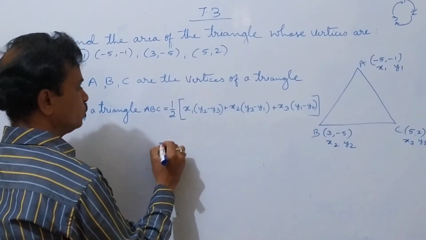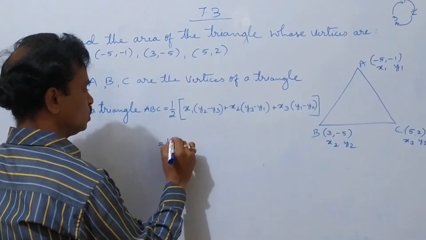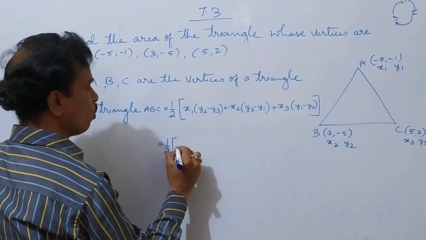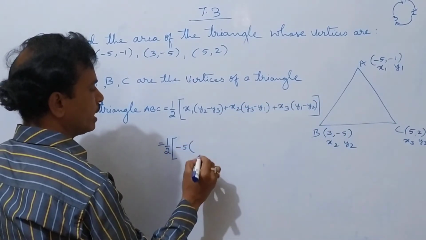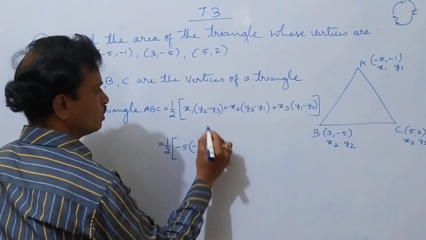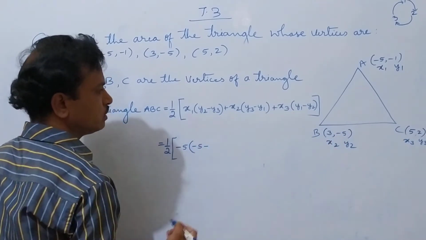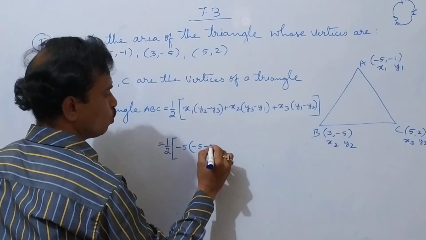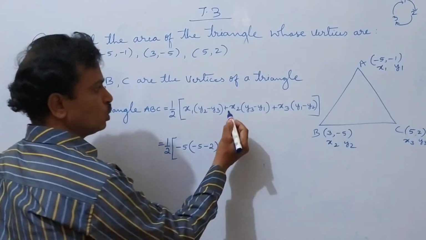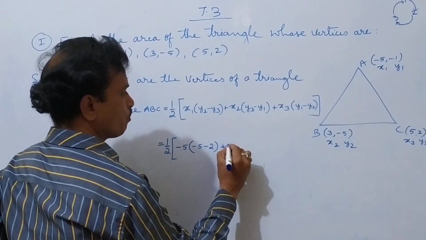So 1 by 2 as it is, square bracket. What is x1 there? Minus 5. Bracket y2. What is y2 here? Minus 5. Now this minus you write as it is, y3, 2. Then plus x2. What is x2 here? 3.